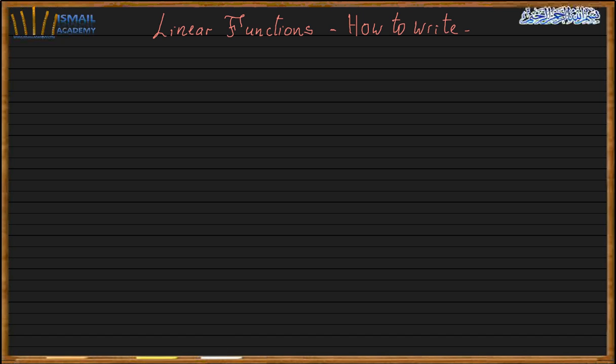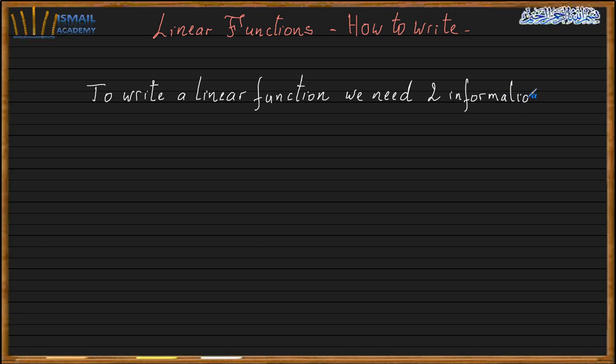So let's start. To write a linear function, we need two pieces of information. We need 1 point and the slope.